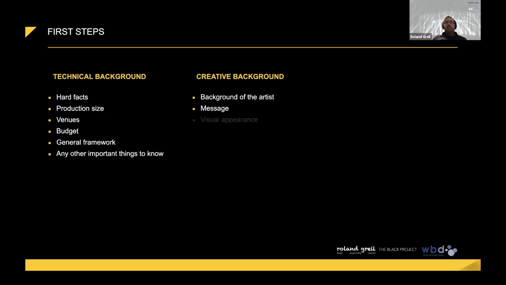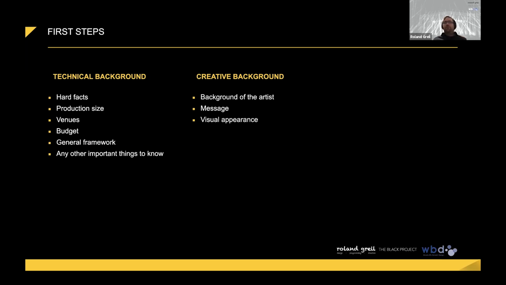Then you've got to think about a visual appearance. Let's stay with the artist. They've got a kind of visual appearance, which is like a red line through their artwork on album covers, what kind of clothes they are wearing, how they show themselves in public, because that's an important element.